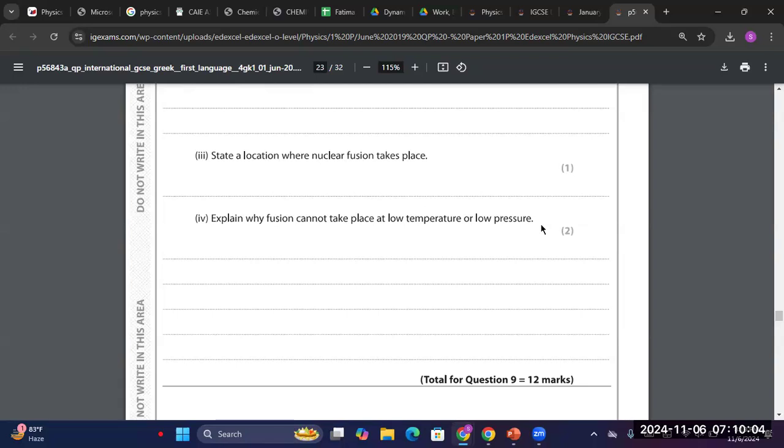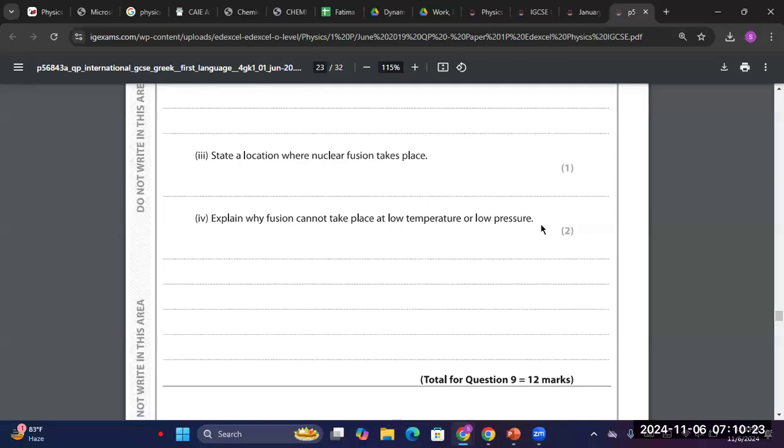Any idea? Can anybody tell me why I cannot just do it at a low temperature or pressure? Why do I need to provide very high temperature and very high pressure? That is the reason this only happens in our stars, because in our stars the temperature and the pressure are high enough for this to happen.